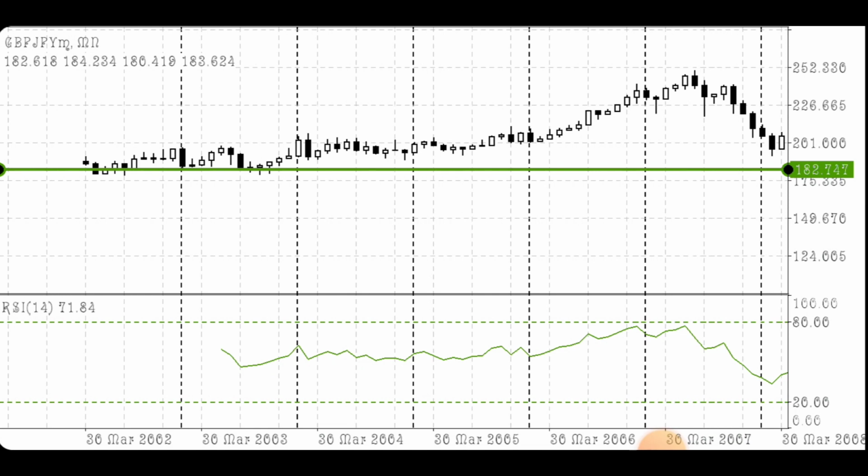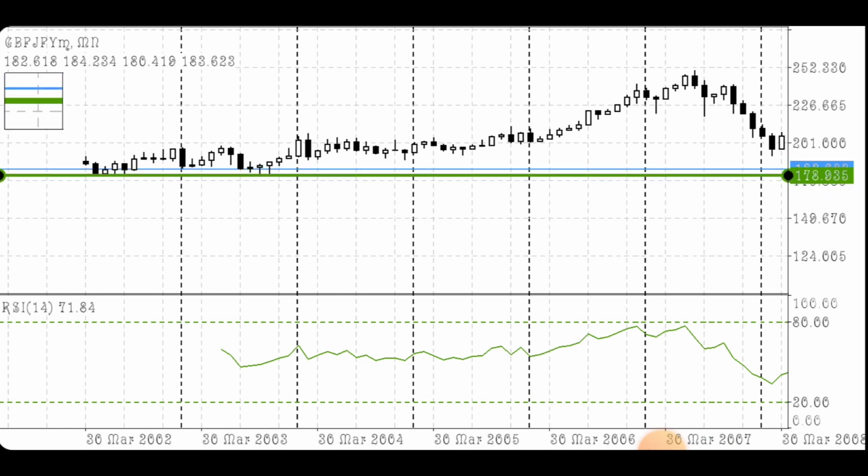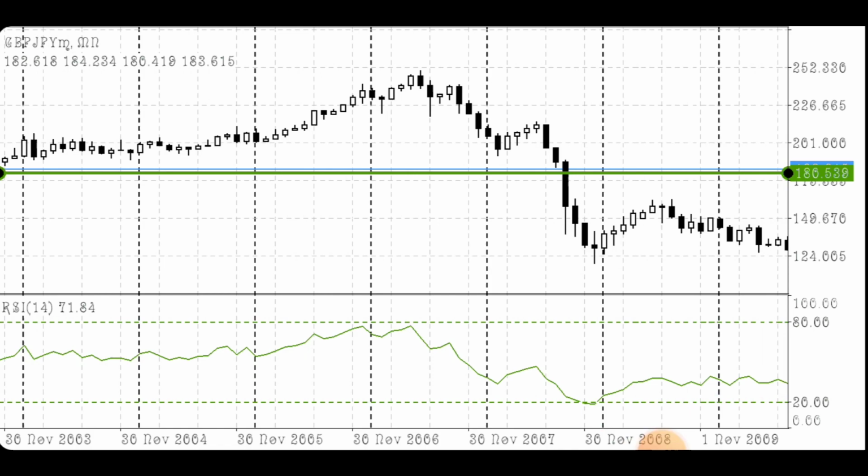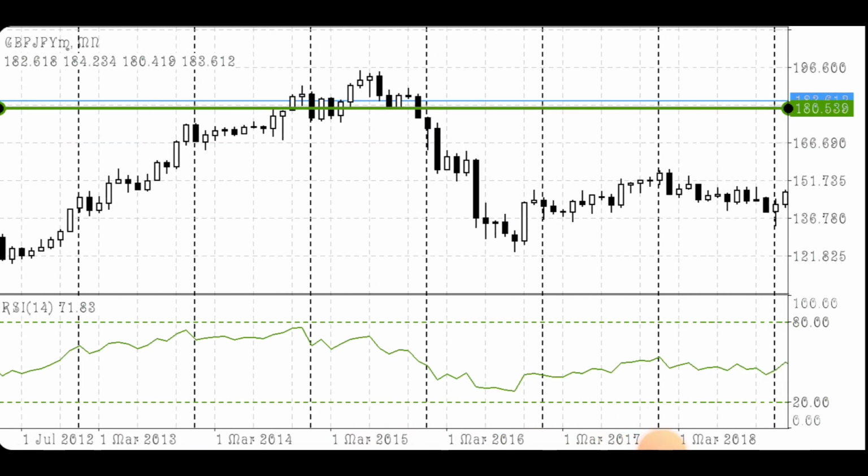That was where the market started from in 2002. Isn't it? So it used to be a support level.